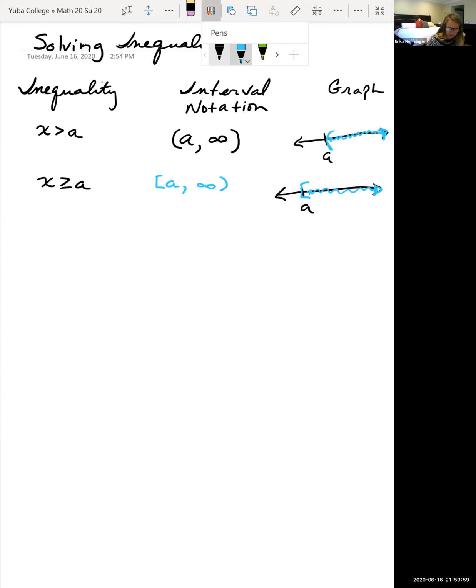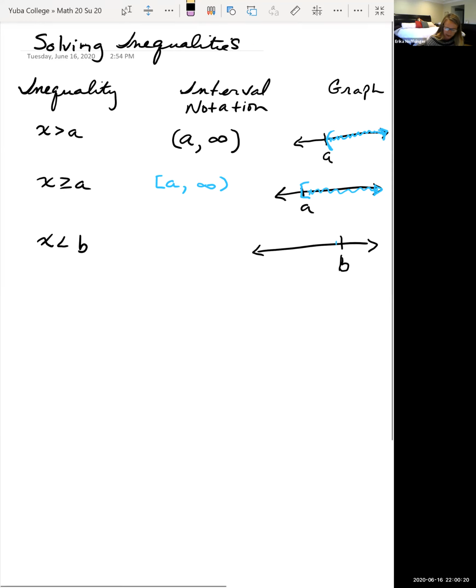So if we had x is strictly less than b, you would go to your number line and figure out where b was. Since it's a number that is less than b, it has to be to the left of where b is. Determine if you're going to include b or not.